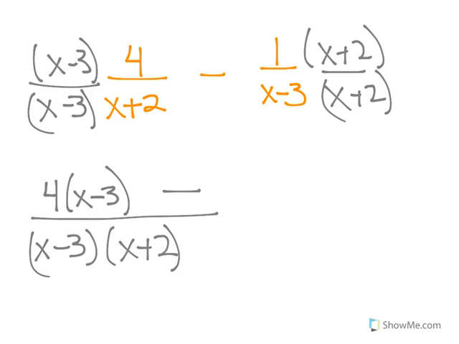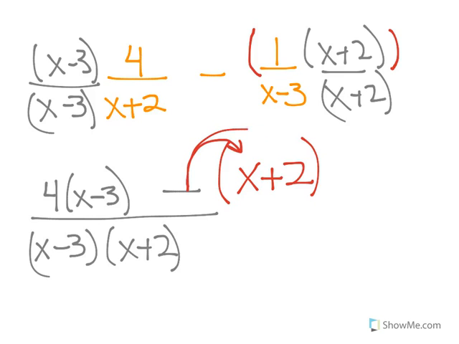This is a place where we need to really be careful. We're subtracting an entire product here. We're subtracting 1 times x plus 2. So we're subtracting the entire x plus 2. So that's like distributing this negative sign. So what does that look like?